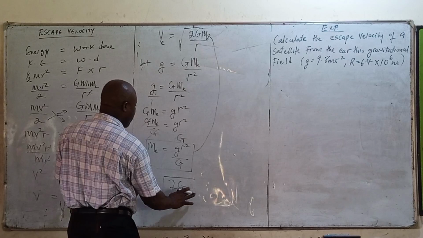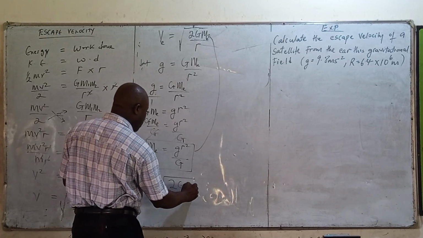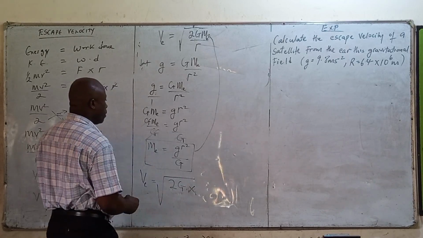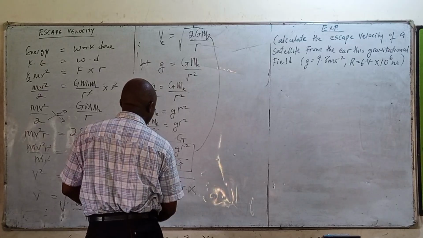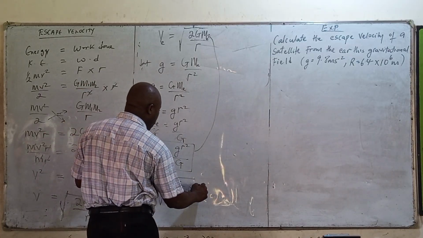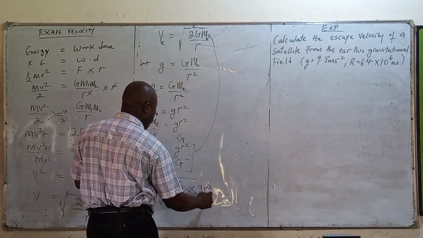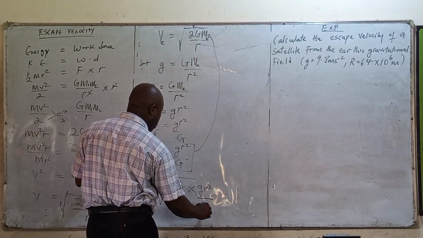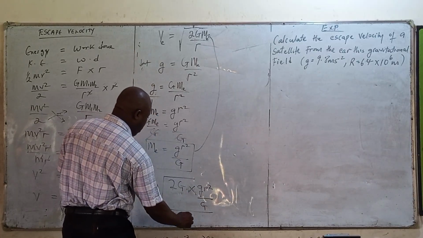We write in place of ME the solution for ME, which is g R squared over G, all over the R like that.